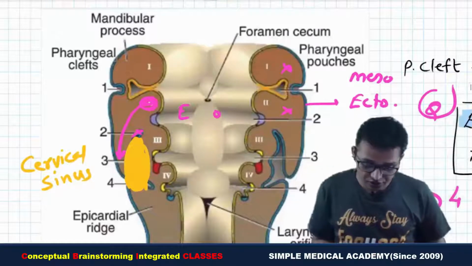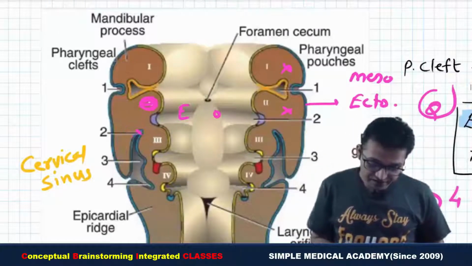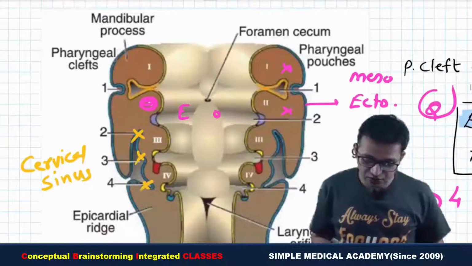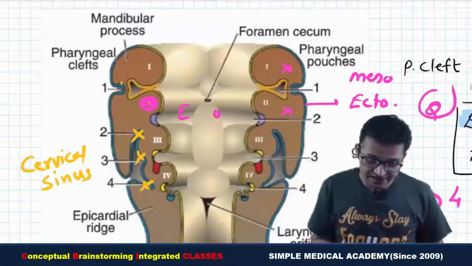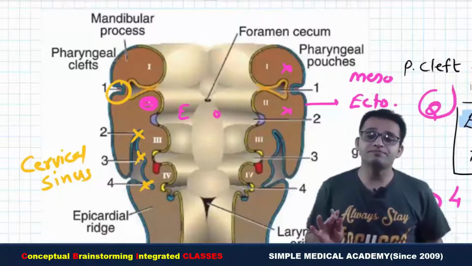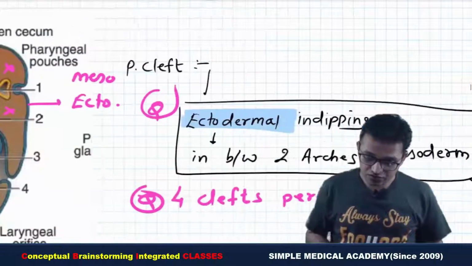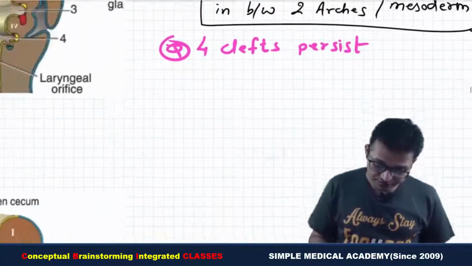So what I want to tell you: the second, third and fourth clefts disappear, except the first. Only the first cleft persists. You can make the notes.